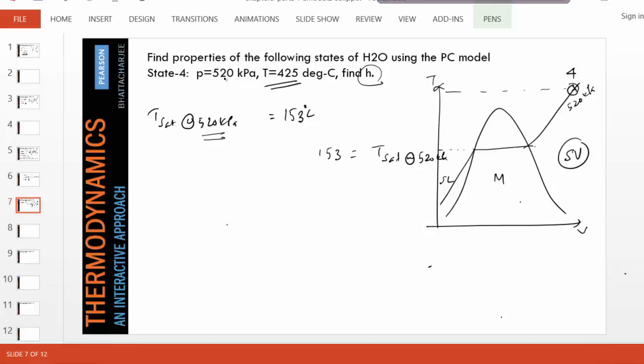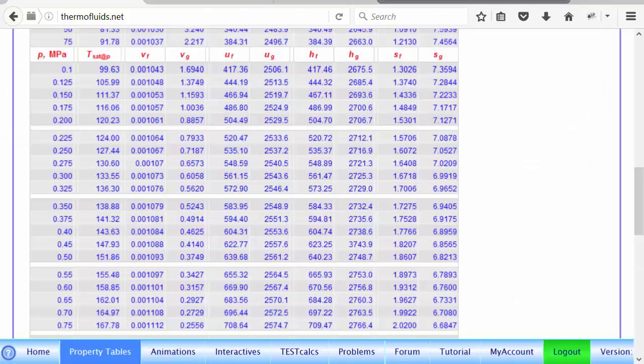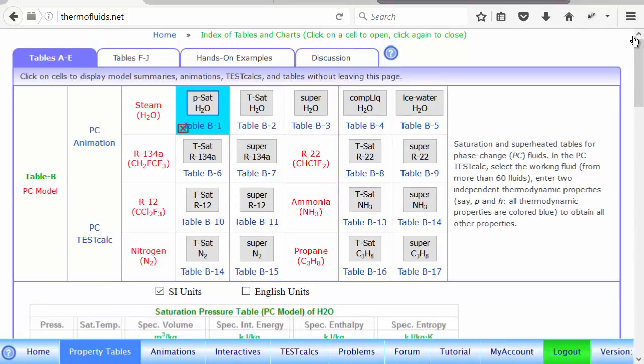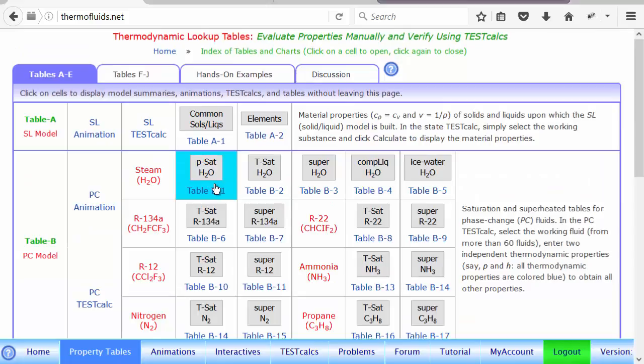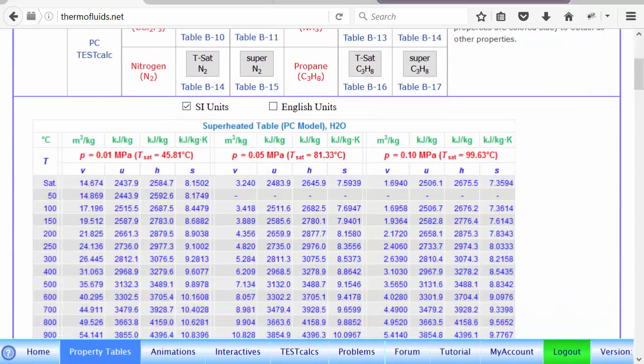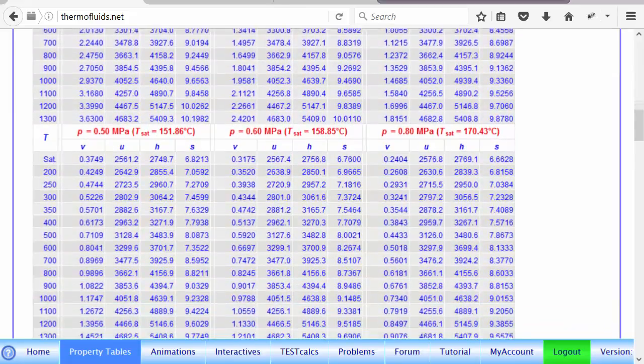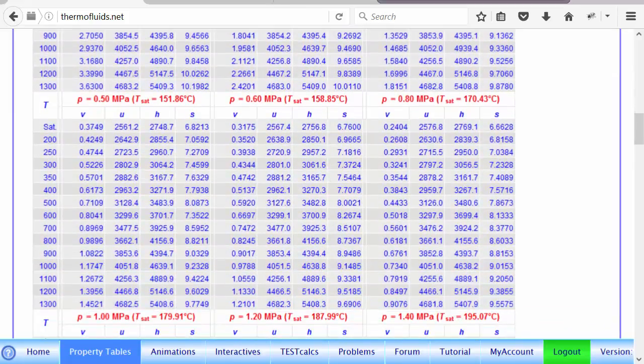So to mentally interpolate, this time we don't need the saturation table, we need the superheated table. We have the PC model, H2O, and this is our superheated table. So pressure 520 means between 0.5 and 0.6, somewhere between these two tables will be our answer.